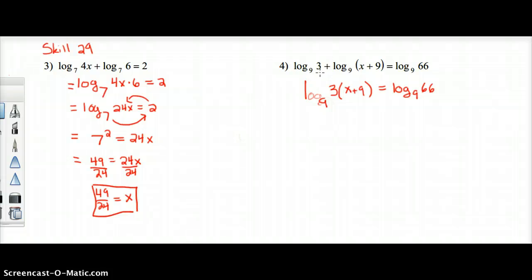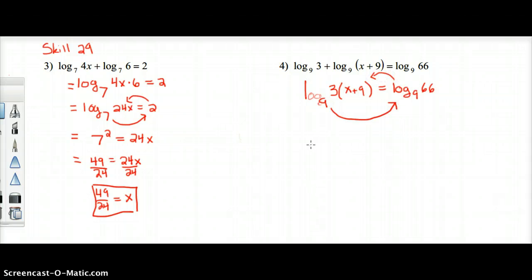Notice that here, because I was adding the two logarithms, I could multiply their arguments when I condensed. Now, in this case, I actually do not need to go to the trouble of rewriting this as an exponential expression. I could think of this just as being 9 to the entire power of the right side equals the left side.